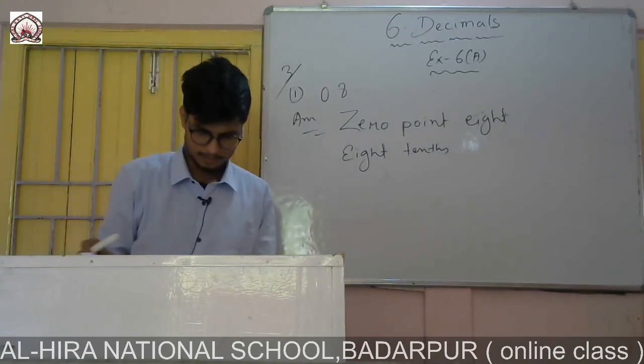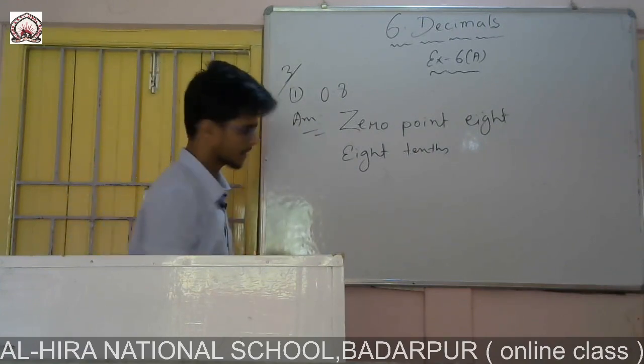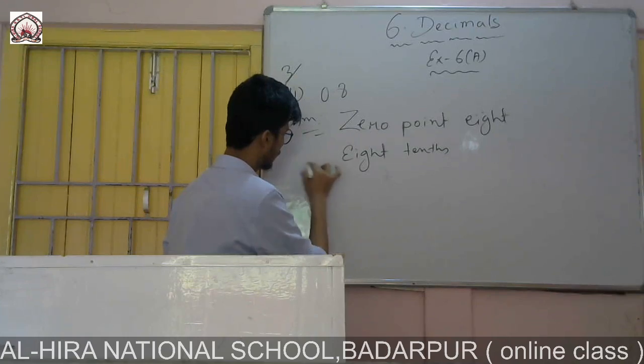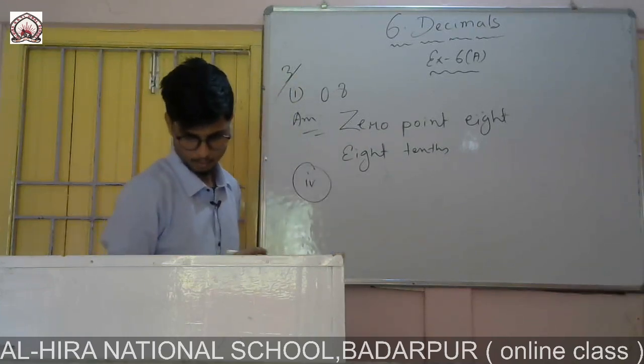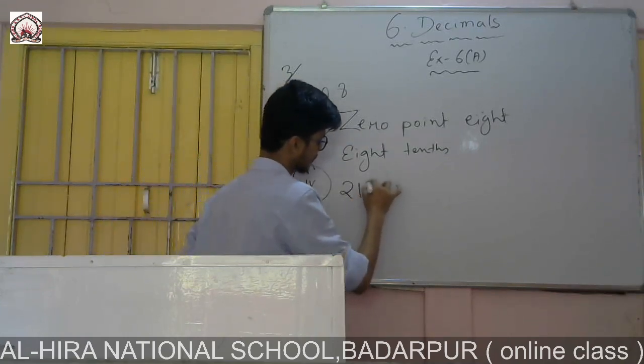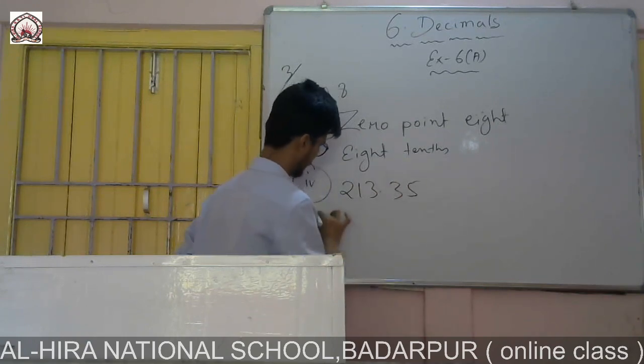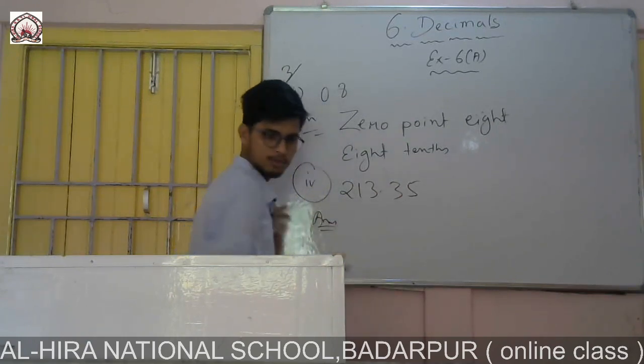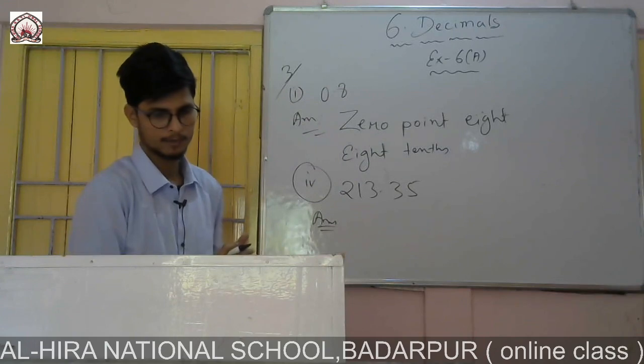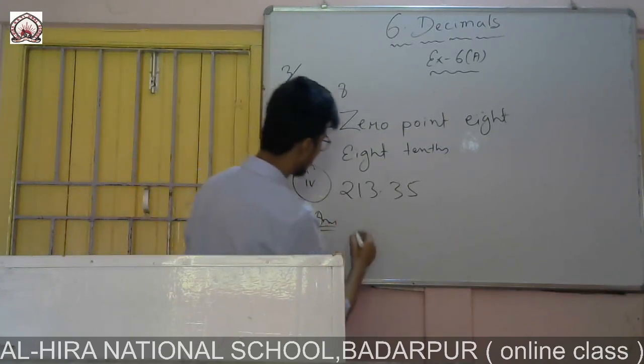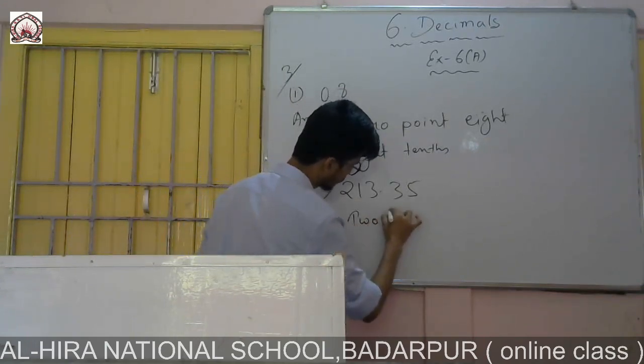Okay, now let me do Roman number 4. It is given 213.35. First of all, let me write 213.